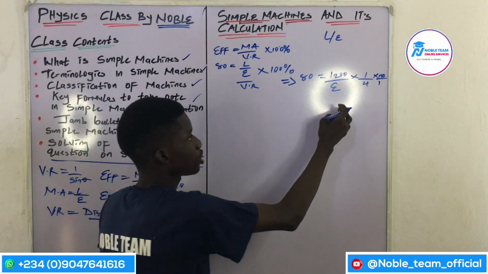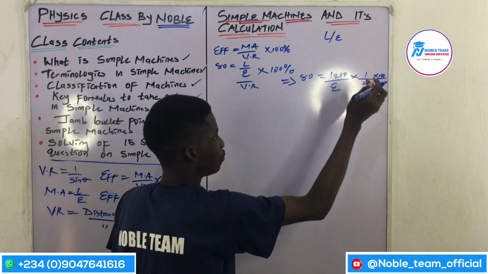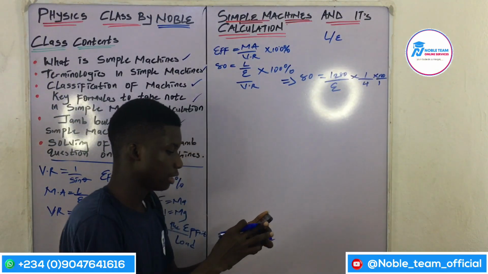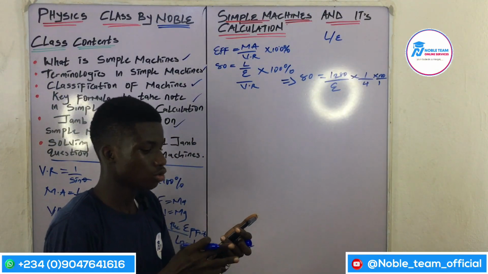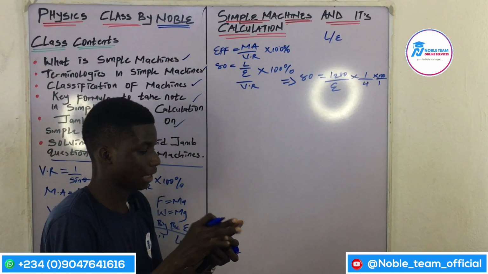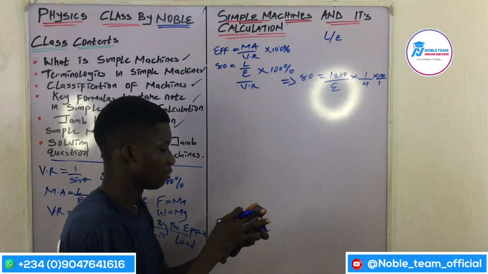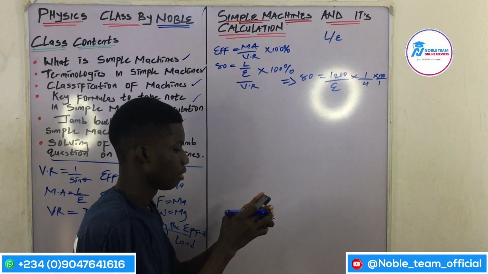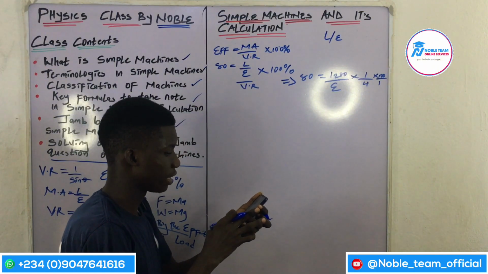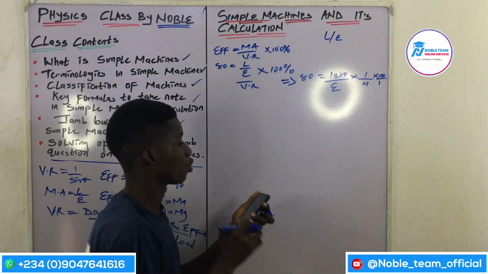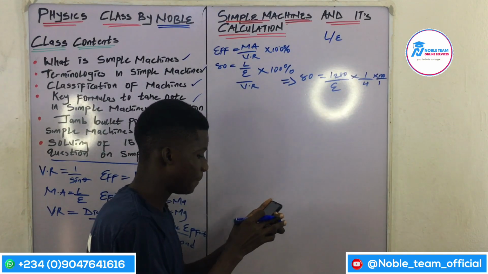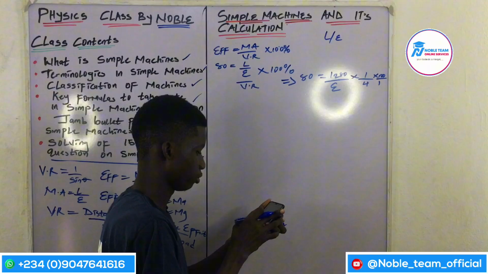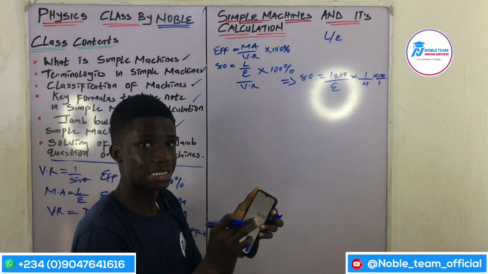So now it's going to be 1200 multiplied by 1 and also multiplied by 100. Let me do the calculations, so we can know who is correct, because I'm not perfect. 1200 multiplied by 100 gives me 120,000, then divided by 4, I have 30,000.